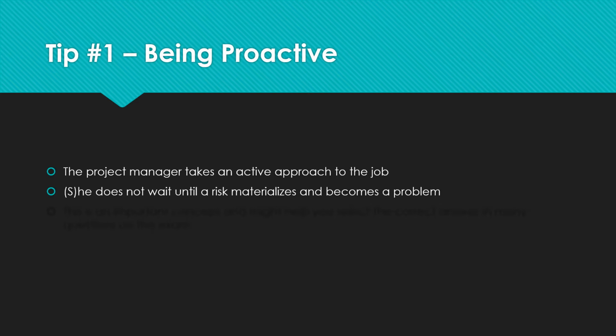So basically, what to do when these risks arise. That means the project manager will not wait until a risk materializes. The project manager will always have a plan for any risks that he or she foresees.